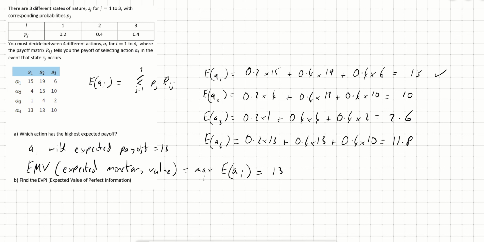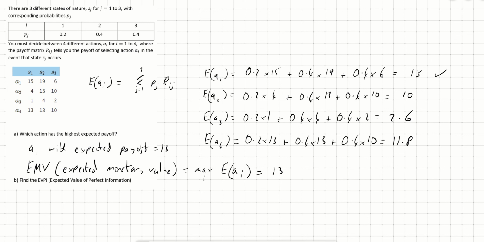Okay. Now part B asks us about the expected value of perfect information. Now the key thing is that in part A we had to choose an action knowing, well, we didn't know what state the world was in, we just knew the probability of different states. If we have perfect information, we actually know what state the world will be in. Each state still has that same probability, but if the world is in state 1, we know it's in state 1.